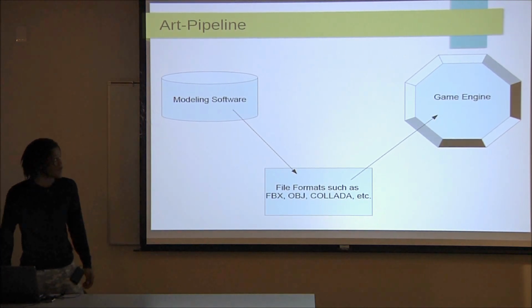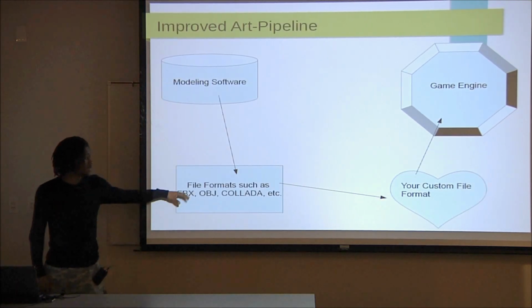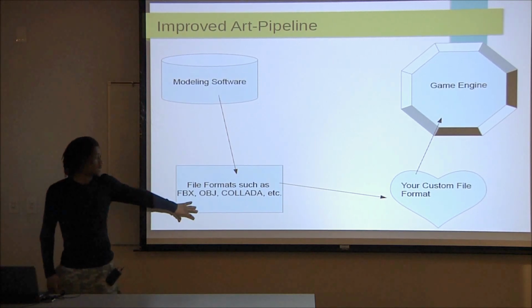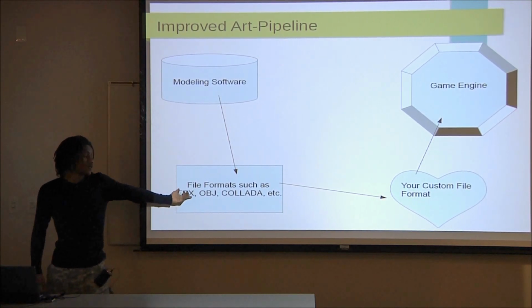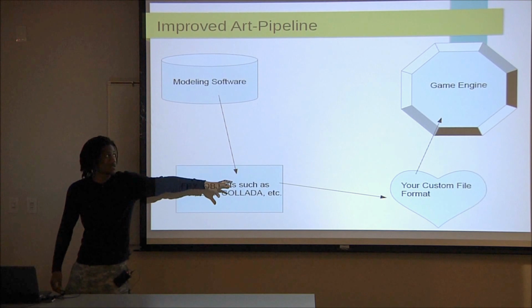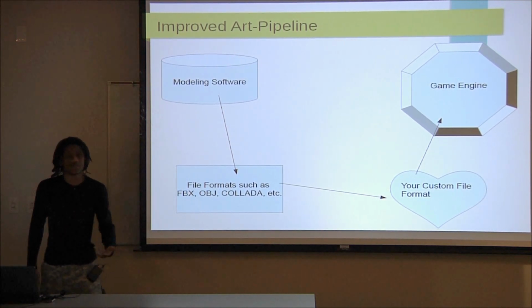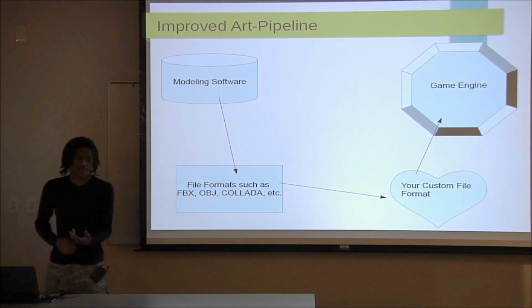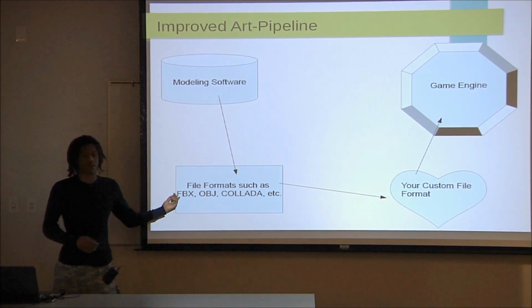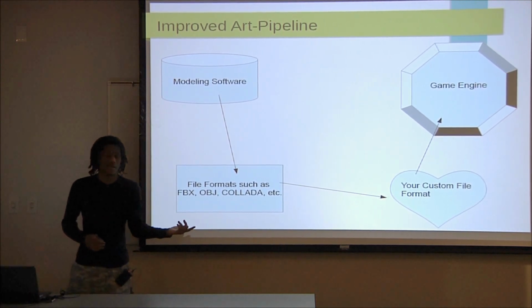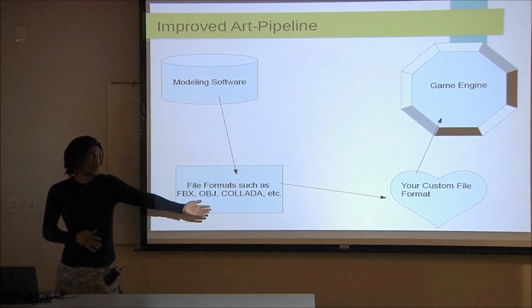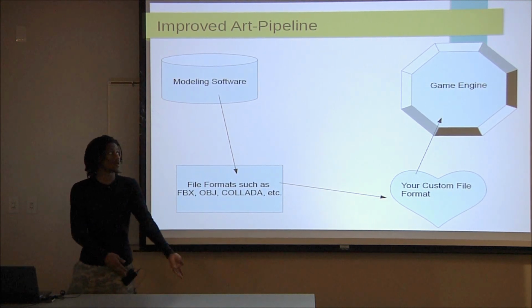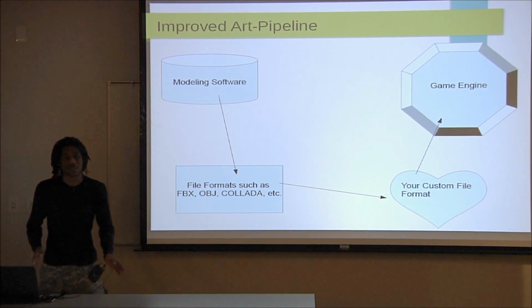Now, a better art pipeline would be the same thing, except you take that exported file format and convert it into your own custom file format before going into your game engine. It's a really simple concept because say you support one of these file format types. You make a converter to convert it to your file format, and the import into your engine, you write that one time.